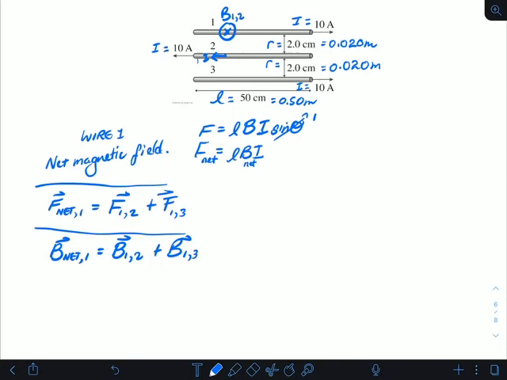The magnetic field due to 3, however, is moving to the right, so applying my right-hand rule, I see that the magnetic field on 1 due to 3 is out. So overall they're opposing, but the one that's into the page is stronger because the distance is shorter. So I know it's going to be the sum of these, and I'm going to define out as a positive number.